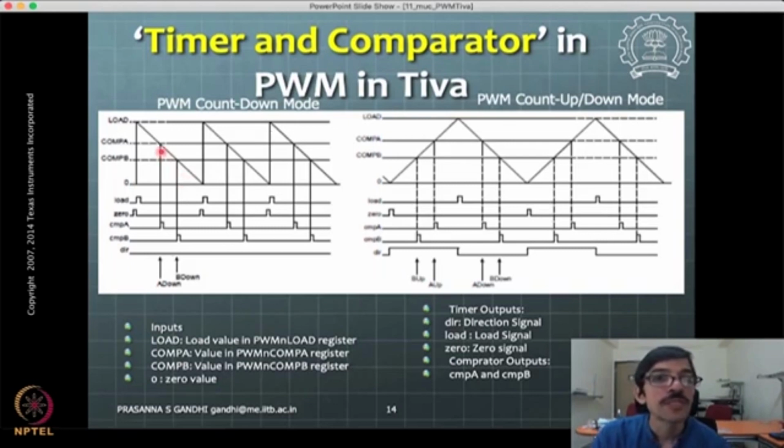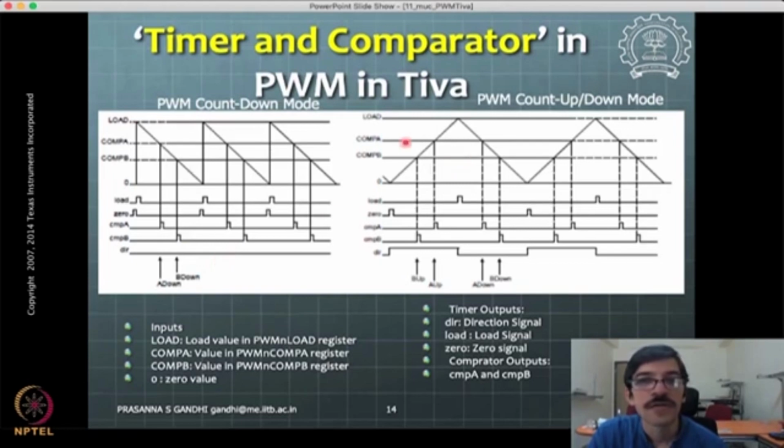Now what happens when the compare A signal, the CMP A, is reached by the counter: on that signal you will get this little clock pulse, and the same thing happens with the compare B signal. On the compare B signal you get this little clock pulse, and these clock pulses are used further for processing and generating PWM. How that happens, we'll see in a minute.